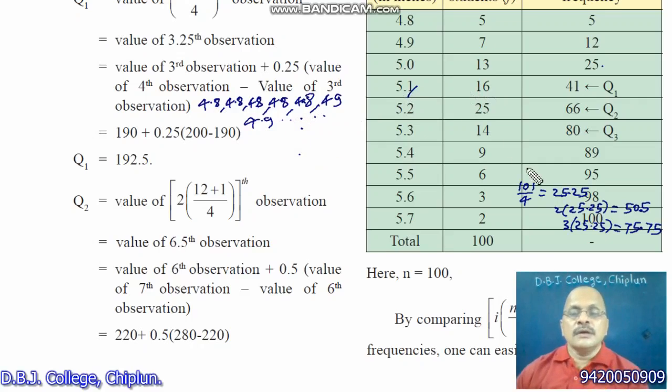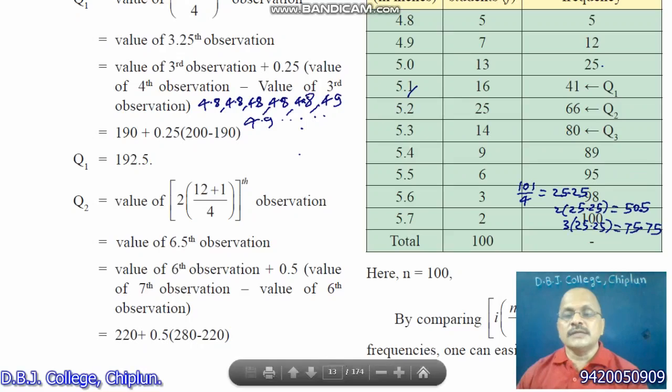So the 25th observation is 5, and we want the 26th observation minus the 25th observation.